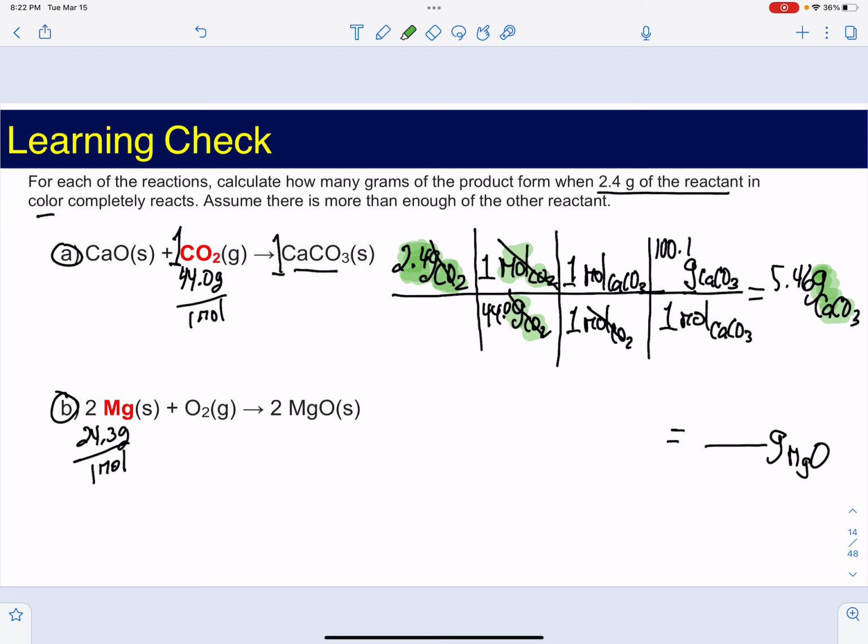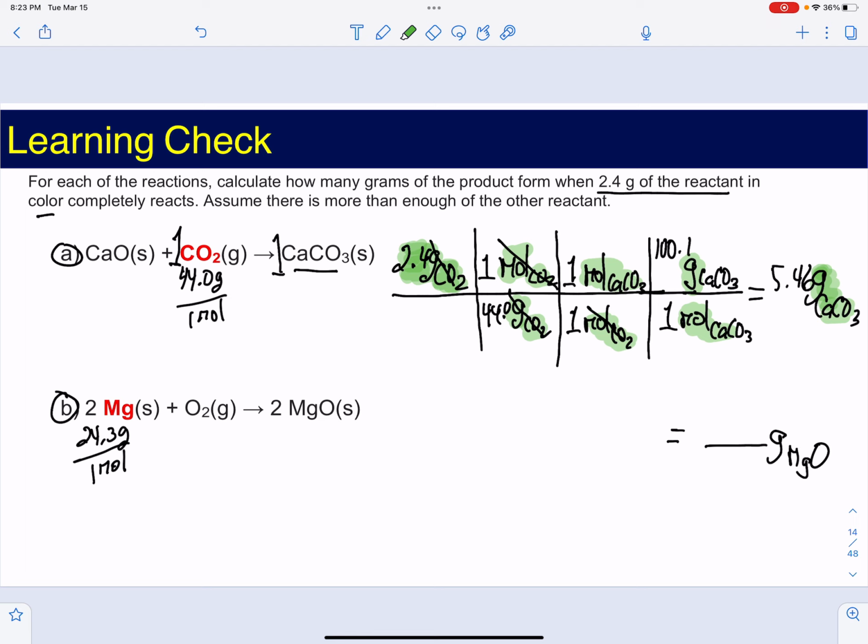Now I can use the balanced equation to cancel my moles of carbon dioxide, because I'm looking for the moles of calcium carbonate. That allows me to find the moles of calcium carbonate, but I do not want the moles of calcium carbonate because I want the grams of calcium carbonate. And when I do all that operation using molar masses and the numbers from the balanced equation, I come up with 5.46 grams of calcium carbonate.